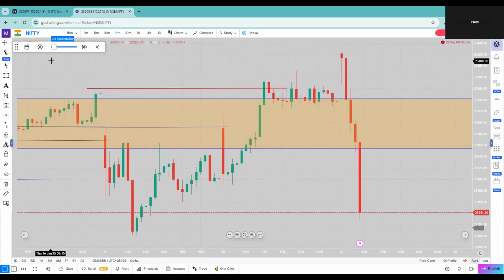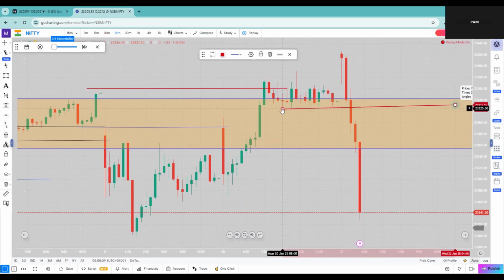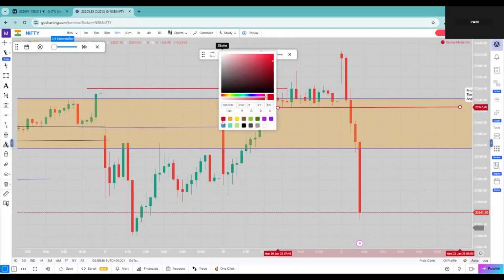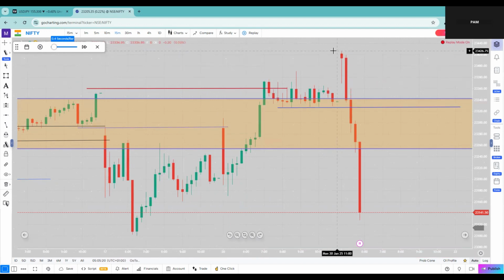So after taking that liquidity, I can still enter this position for a second time from this low, which is the new change of character, the new CHoCH, and put my stop here above this high, because this is the protected high, the highest high after the sweep.